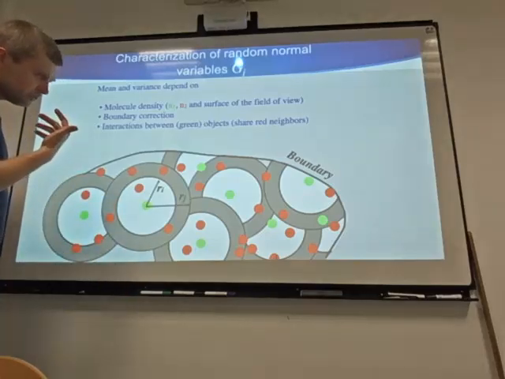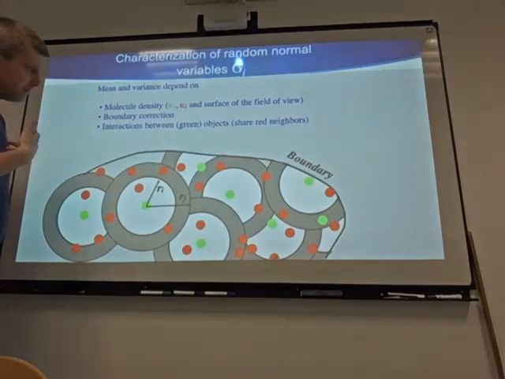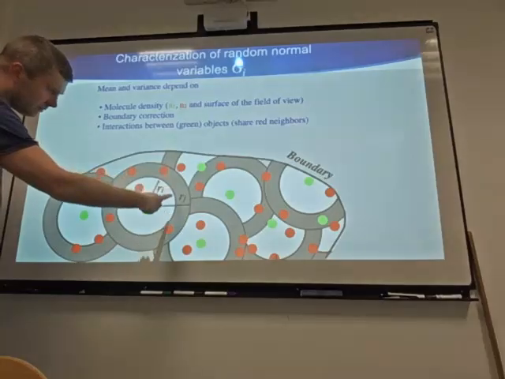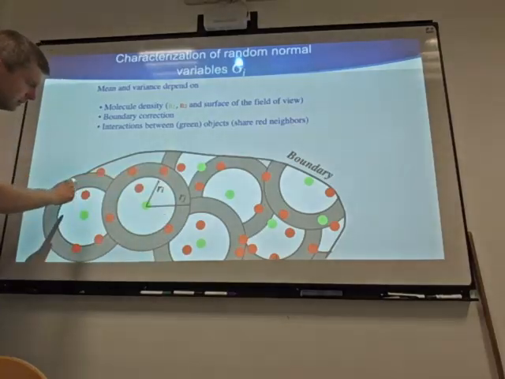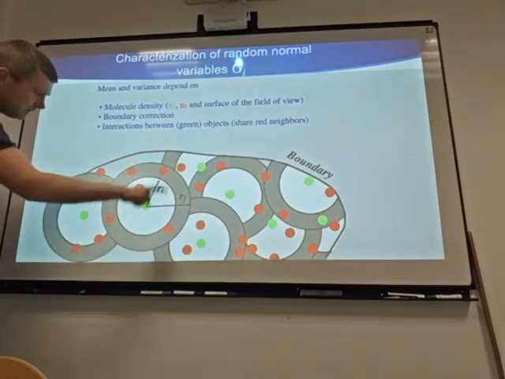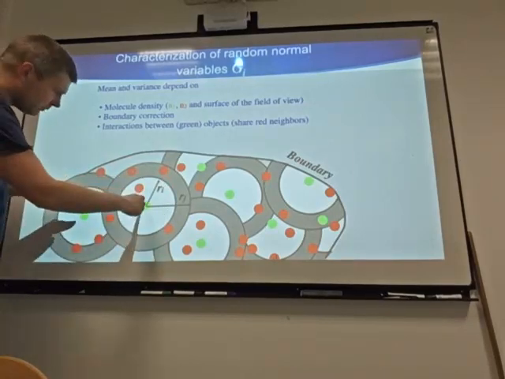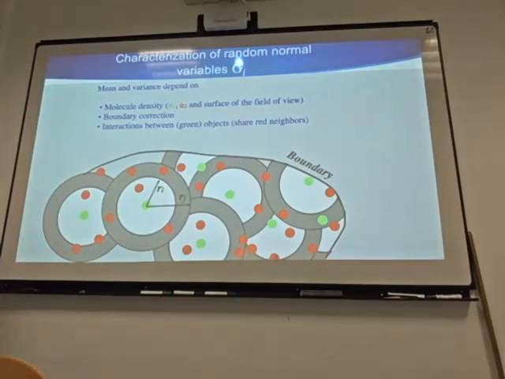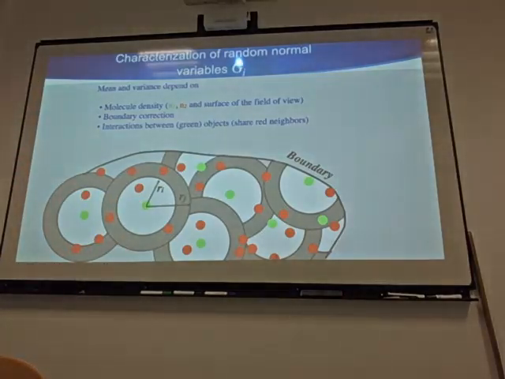You want to mitigate a bit the fact that by chance you have a lot of red ones here. You don't want to count twice that you have a lot in this ring and in this ring, because the green ones are very close. So there is an interaction between the different rings that needs to be taken into account.